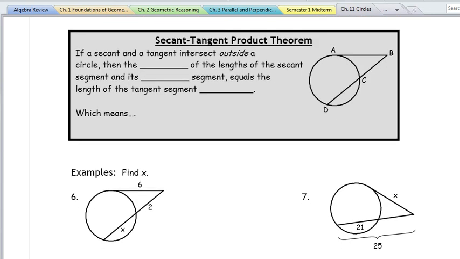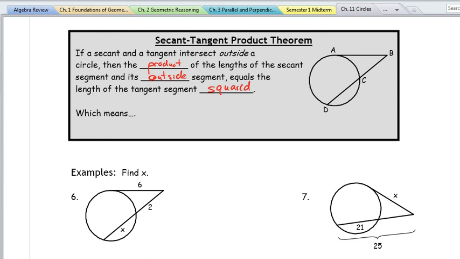Secant tangent product theorem. This is the last one. And it says if a secant and a tangent intersect outside a circle, so the tangent is the one where it just touches, like right at that point A there, then the product of the lengths of the secant segment and its outside segment equals the length of the tangent segment squared.